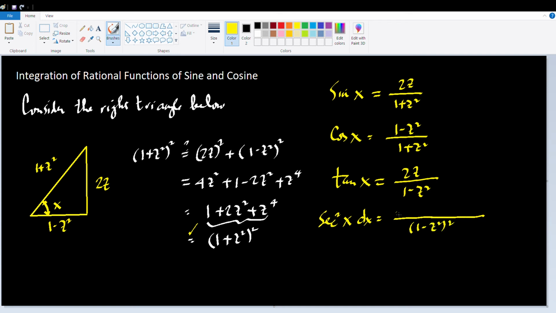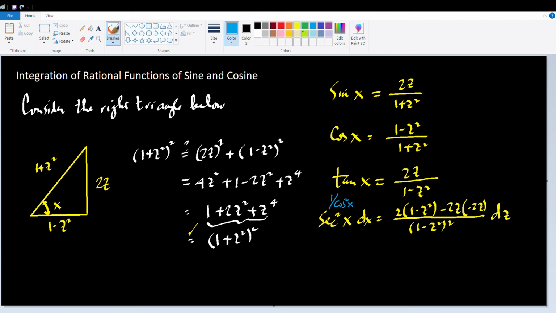Derivative of 2z is 2 times 1 minus z squared minus 2z. Derivative of 1 minus z squared is negative 2z, everything times dz. And secant squared x, of course, is equivalent to 1 over cosine squared x.